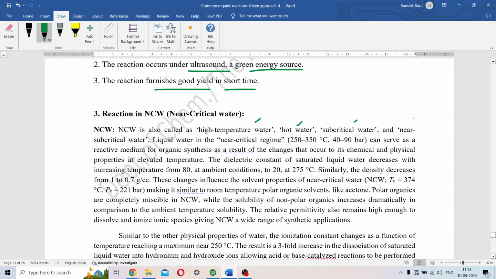You can call it subcritical water or near subcritical water. People have different names for it, but we will have this near critical water or NCW in short to depict this thing. Liquid water, if you increase the pressure on it, what will happen to its boiling point?